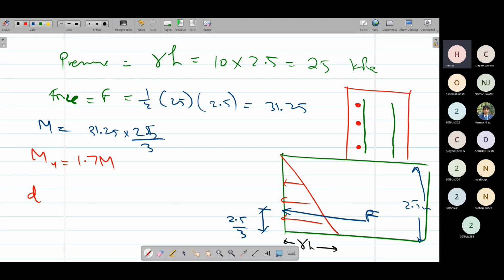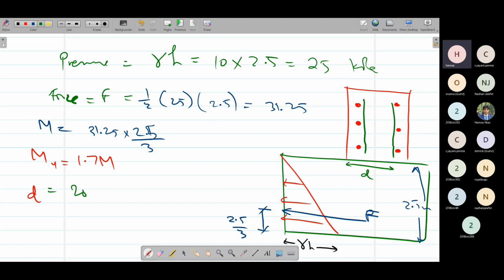Why? Because we want to provide more cover to this vertical steel because it is water. If there is some sort of crack, it would cause the main steel to rust if sufficient cover is not provided. In all other cases we provide it outside, but here we are providing it inside. So the D value for this would be something like this.